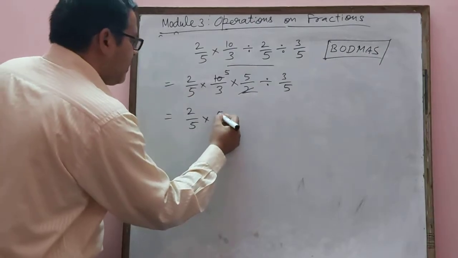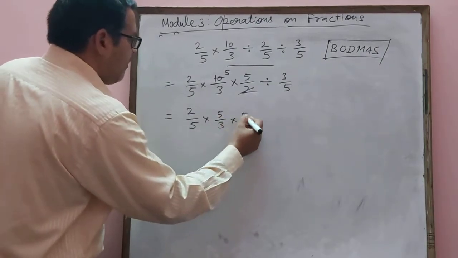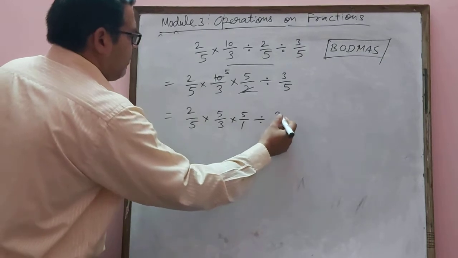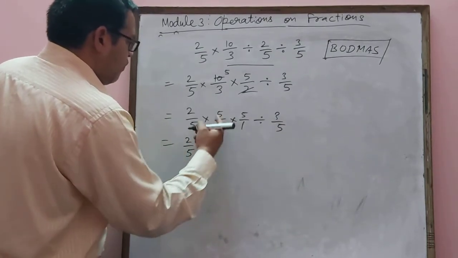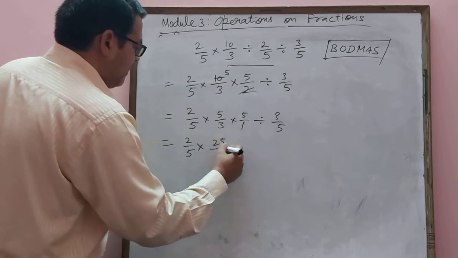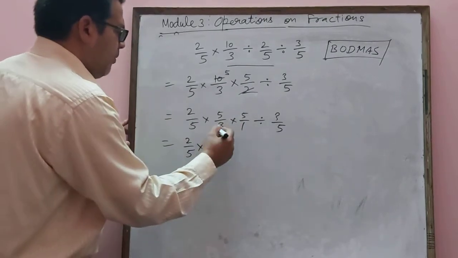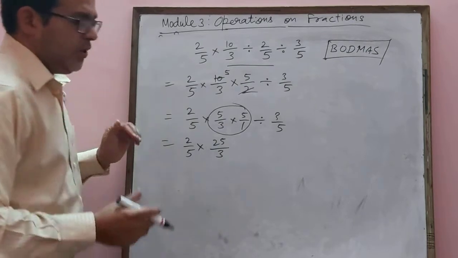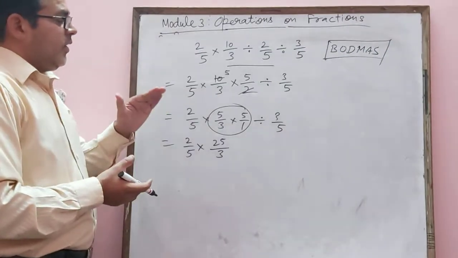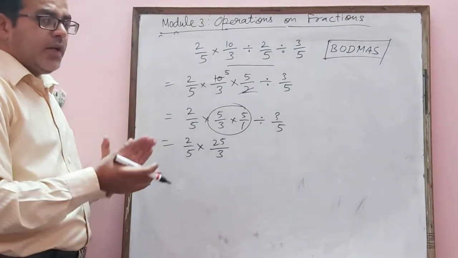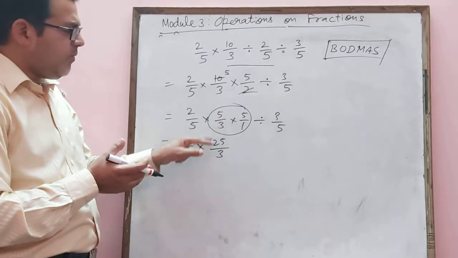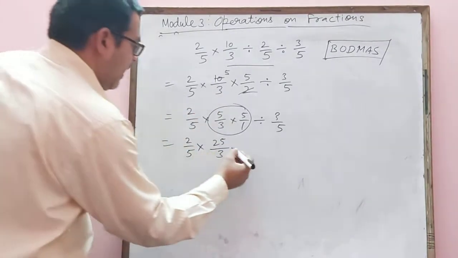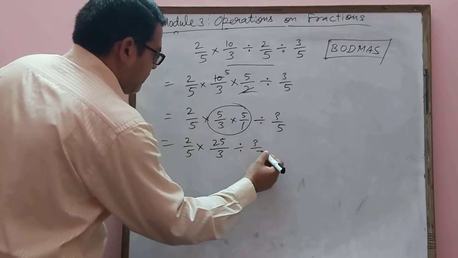So we can write it 5 by 3 into 5 by 1 and 3 by 5. So 2 by 5 into 5 5s are 25 by 3 we can write after solving this one. You know that in multiplication we can directly multiply numerator with numerator. So 5 into 5, 25 and 3 into 1, 3. And it is as it is.